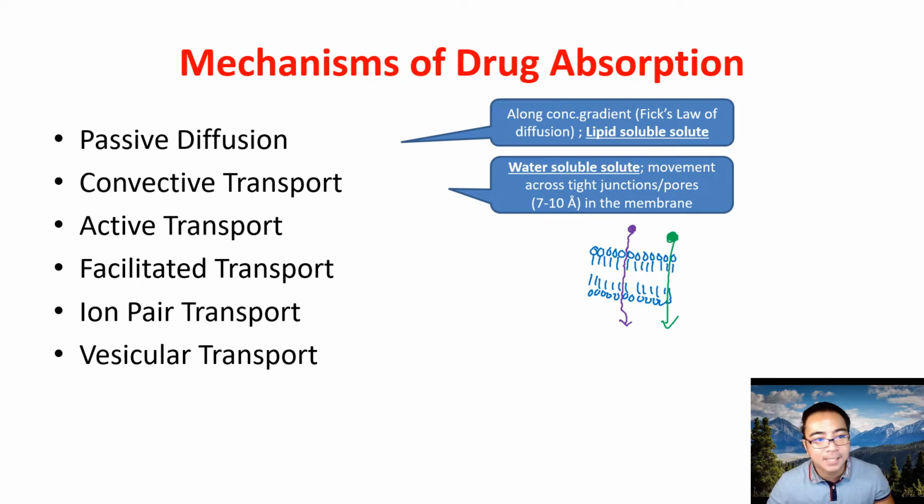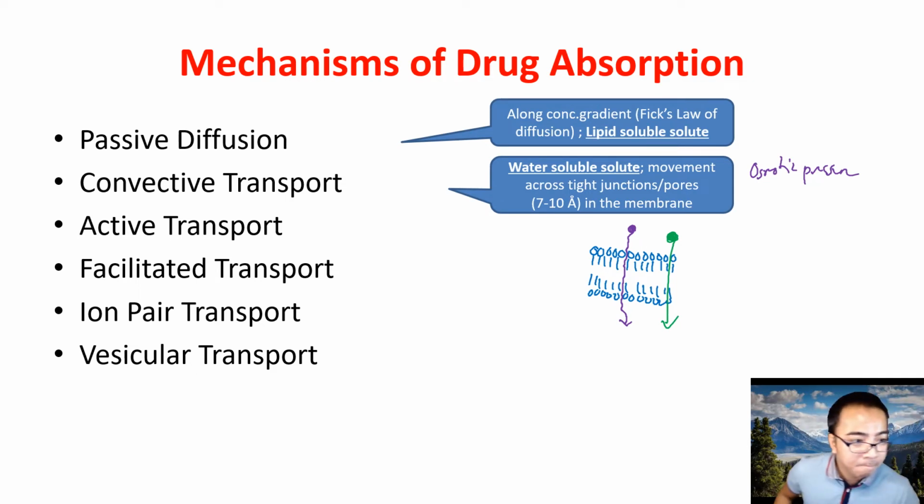Another thing, class, that you have to take note of is that whenever a drug utilizes convective transport, it's very dependent on osmotic pressure. Osmotic pressure is simply the movement of water in and out of a cell.